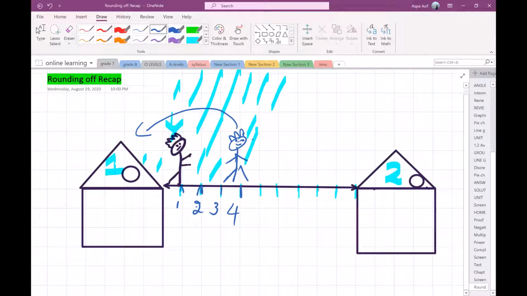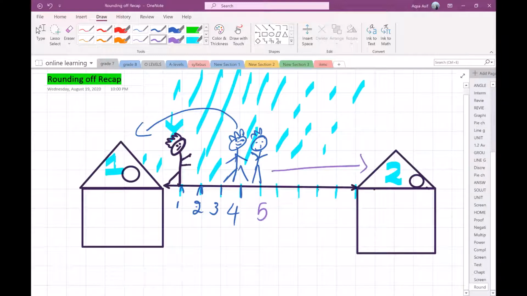All right. What about the fifth step? If he has taken the fifth step, what do you suggest? Should he move forward or should he move backwards? Common sense suggests that he should move forward and reach the destination because he has already taken 5 steps.